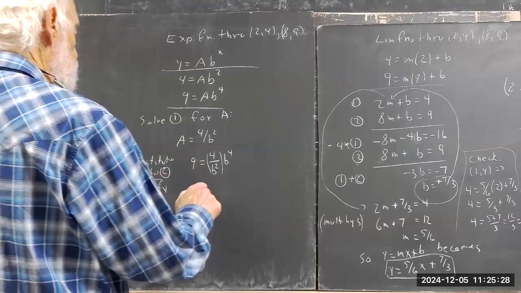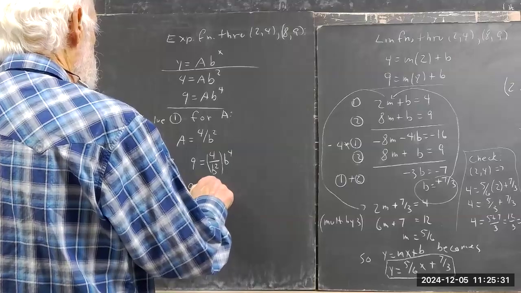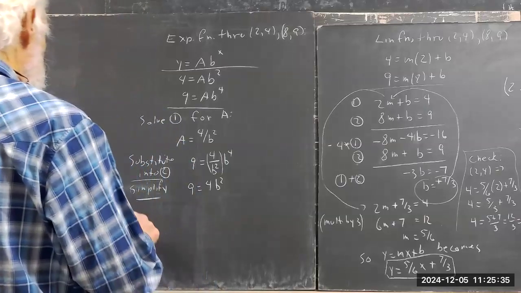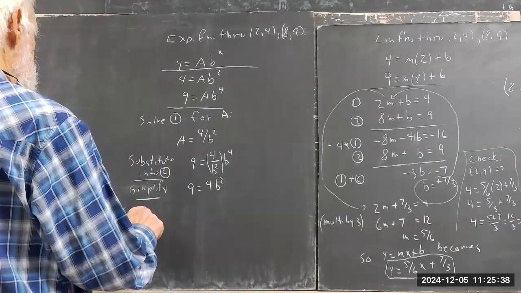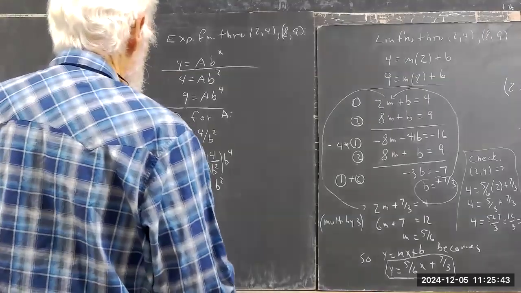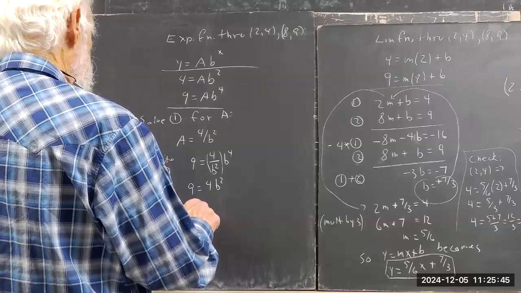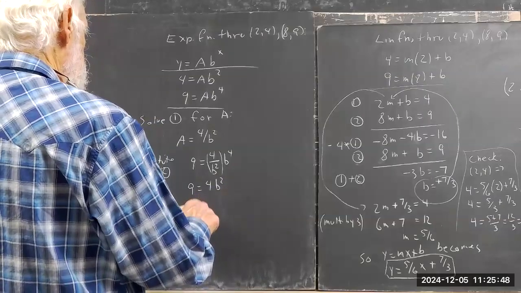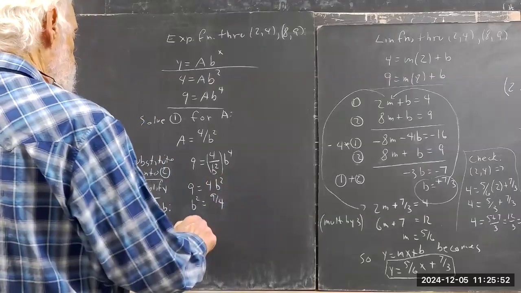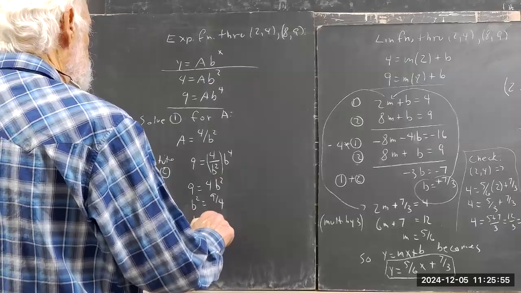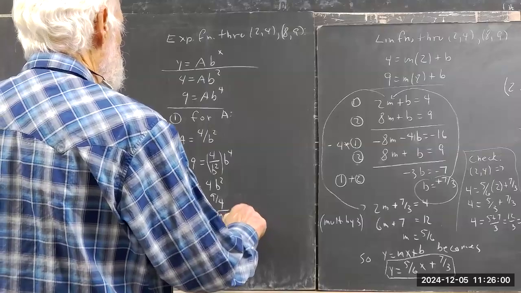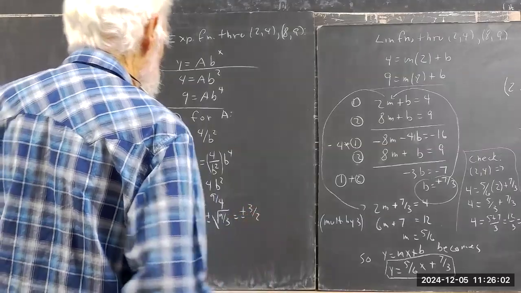Using the rule for exponents, we get 9 equals 4 B squared. Solve for B, I'll do it in 2 steps. We get B squared equals 9 over 4, dividing both sides by 4. So B equals plus or minus the square root of 9/4, which is plus or minus 3/2.